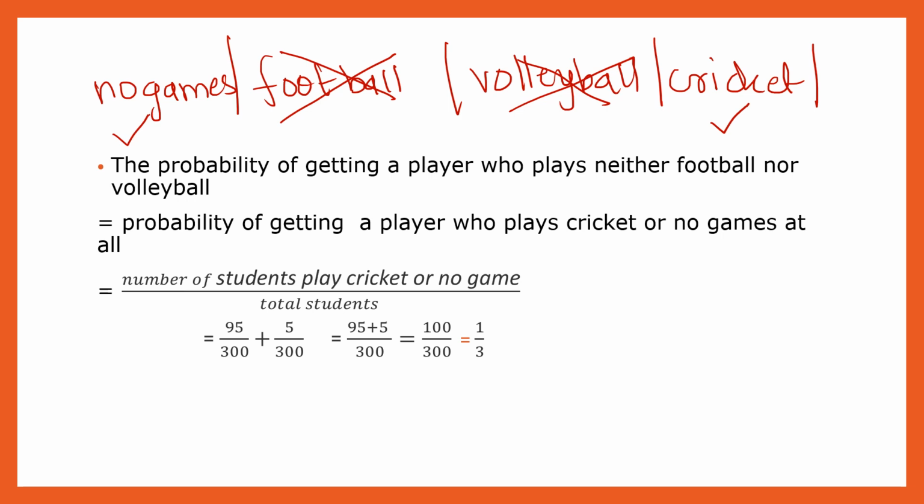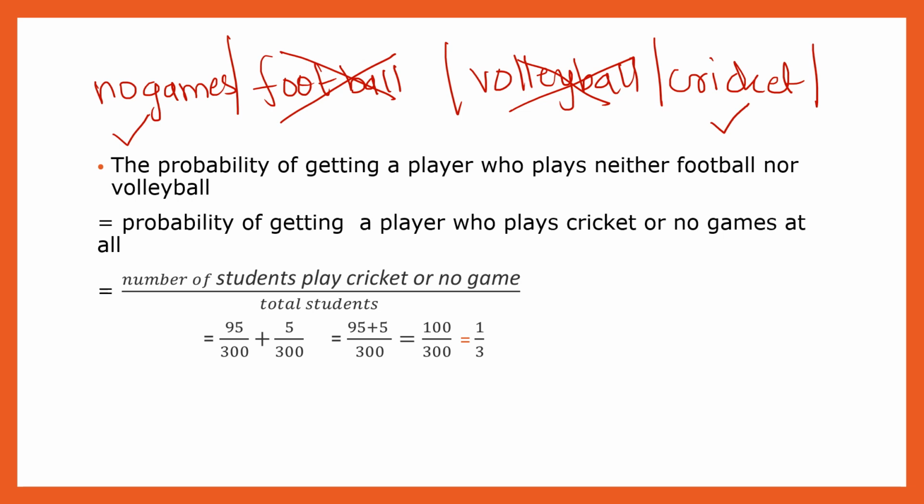There are a total of 4 possibilities. Out of them, 2 are cancelled out, remaining are 2. So we have to find the probabilities for both of them. The probability of getting a player who plays cricket or no games at all. Alright, so that is the number of students.